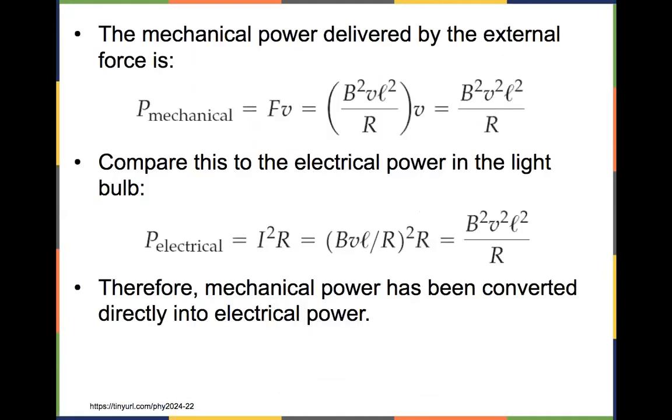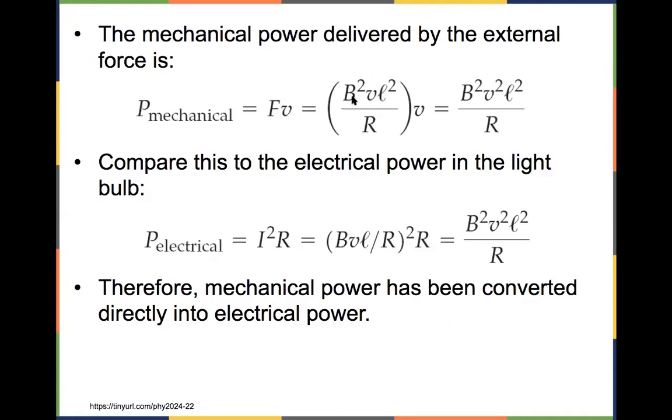So if we are looking at the mechanical power by the external force you exert on the rod in order to keep it moving with constant velocity v, recall that this is the equation we used in physics 1 to calculate the mechanical power. Power is equal to the force, the driving force, in this case your pulling force, times the speed. That gives you the mechanical power.